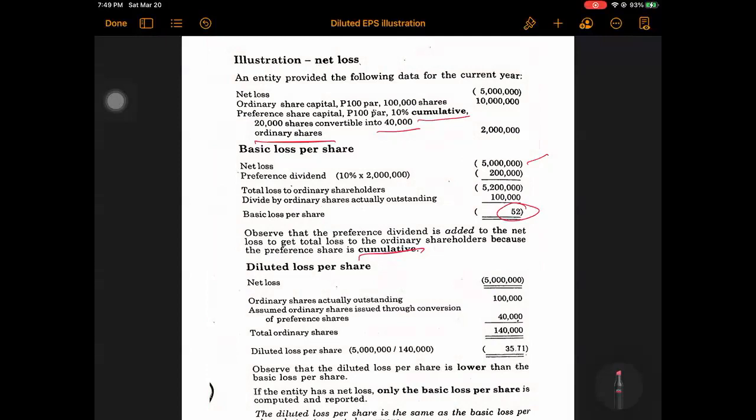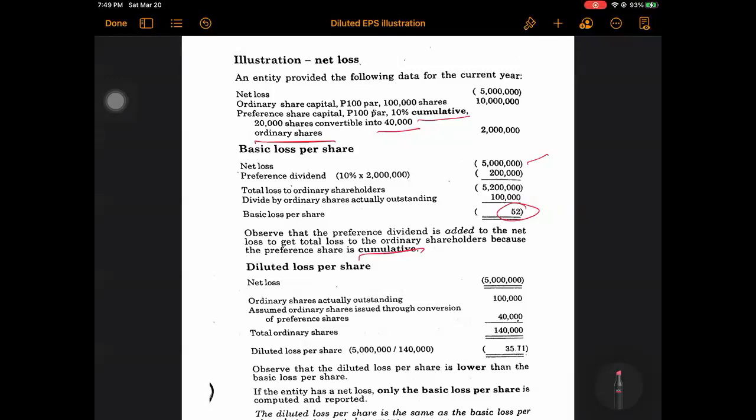If basic earnings per share is reduced by dilution, how about a loss? The loss increases. So diluted loss per share would increase your basic loss per share.